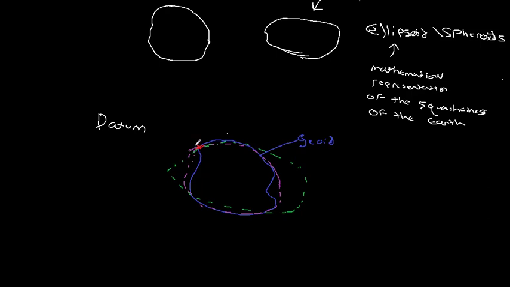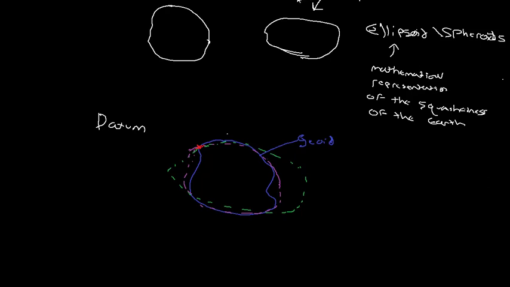And so you can imagine that by tweaking these different parameters of the ellipsoid, we can create different ellipsoids that are going to match the geoid differently. And so what I'm trying to get at here is that different regions, say North America, Europe, Asia, right, they might use different ellipsoids to define their projections, because different ellipsoids are going to interact with the geoid differently.